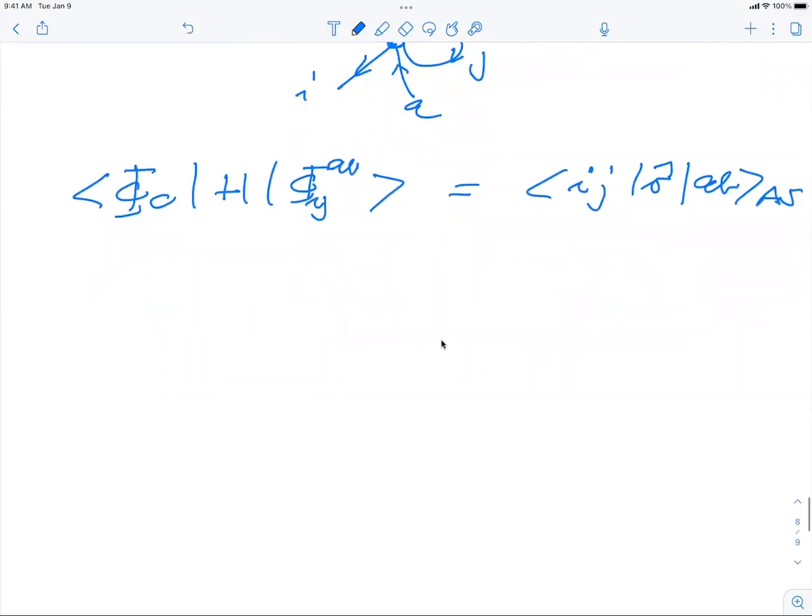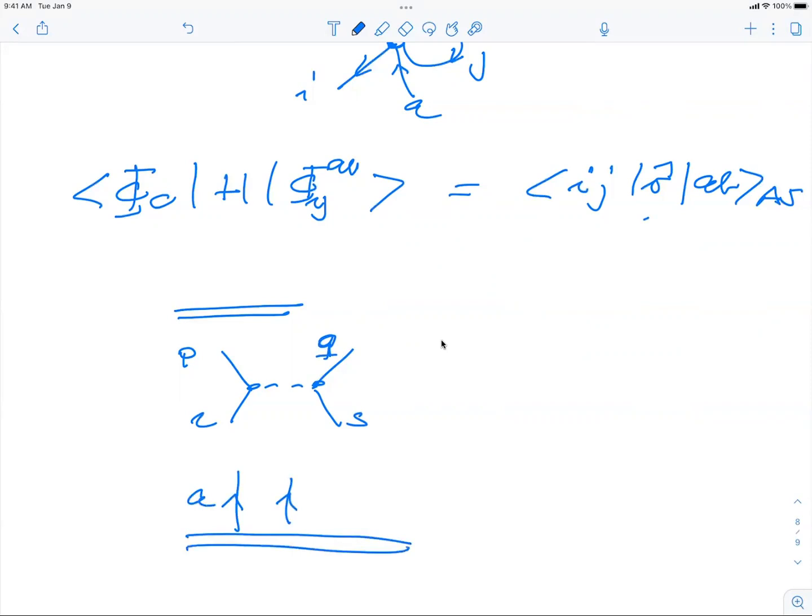So if we're now going to look at that specific matrix element, we have now the vacuum state, which I label like this. I have my two-body operator here with P, Q, R, and S. And now I have my vacuum state, which has A and B, these are particle states, and I have two hole states of I and J, like this.